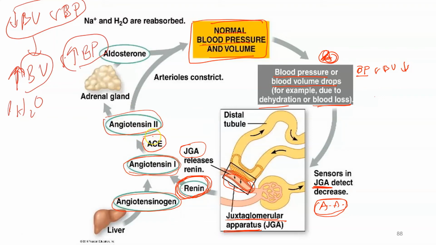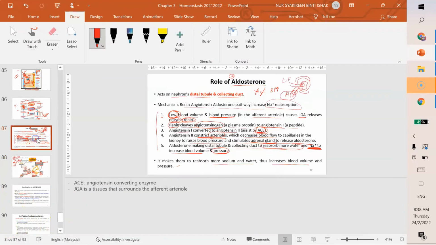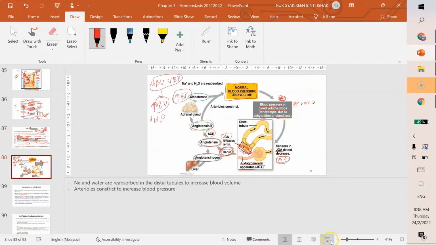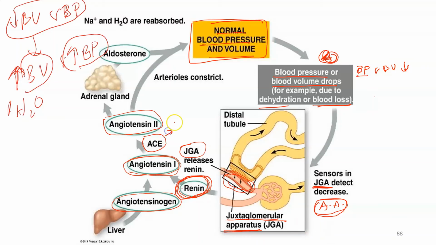Okay. Tadi apa? Nama panjang dia ACE tu angiotensin converting enzyme. Okay, so angiotensin 1 is converted into angiotensin 2 with the aid of ACE, and then this causes the adrenal gland to secrete the hormone aldosterone.